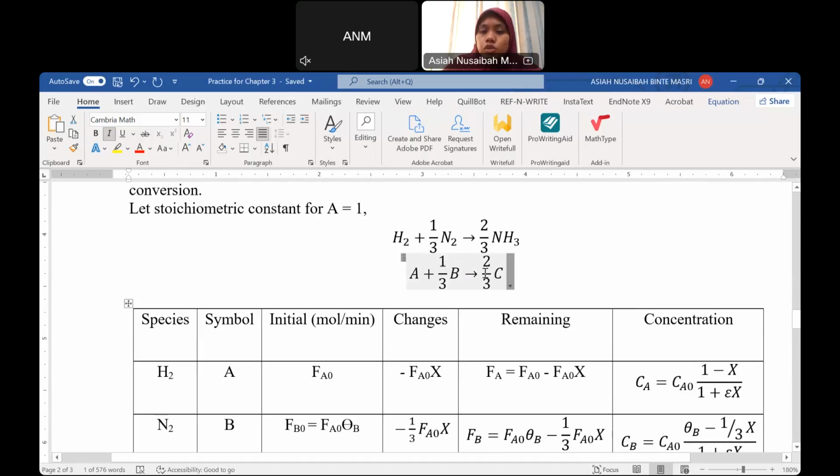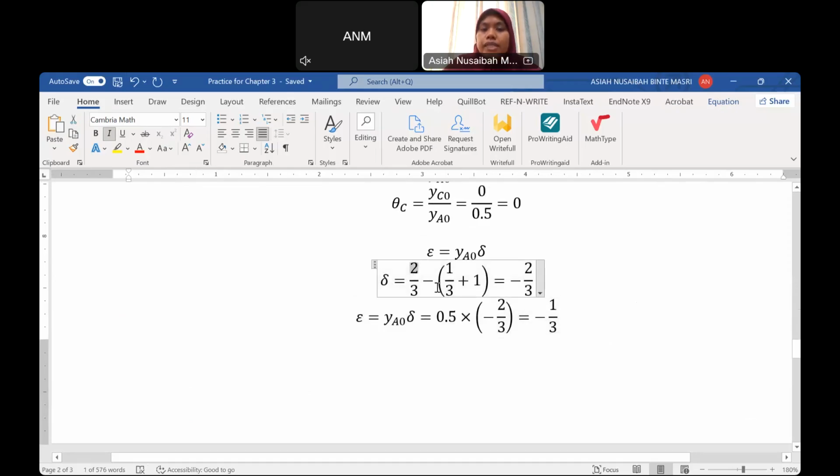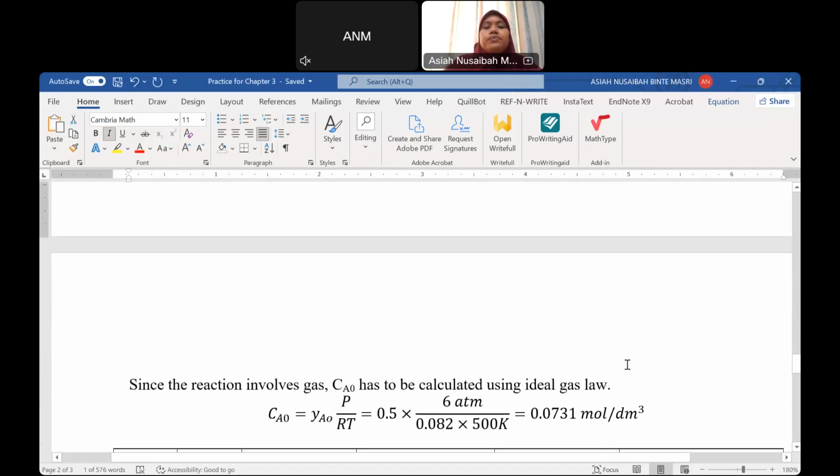Product is 2 per 3, reactant we have 1 per 3 and also 1. So 2 per 3 minus, in bracket, 1 per 3 plus 1. Then we got the result minus 2 per 3. That is delta only. So we have to find epsilon. Epsilon is equal to y A naught delta, which is equal to 0.5 times minus 2 per 3. We got epsilon is minus 1 per 3.